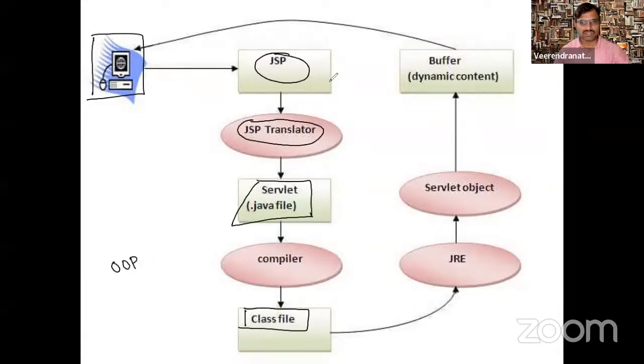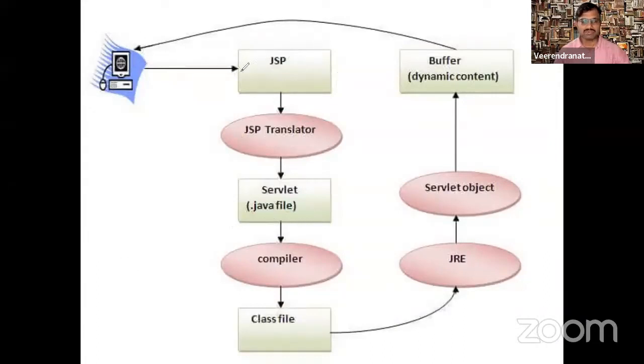Initially, as a programmer, we developed a JSP page, and that JSP page is translated into a servlet. That servlet is compiled to become a class file. Once it becomes a class file, it is the duty of the JVM to load it, create servlet objects, and do the processing of the code.